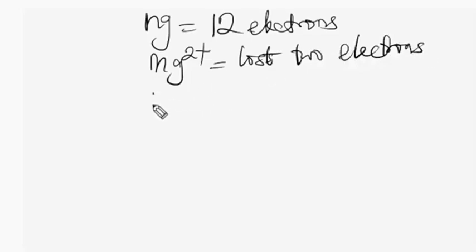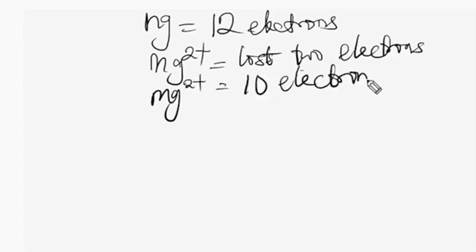So in that case, magnesium ion will have 10 electrons. So having known that, now let's solve for this.